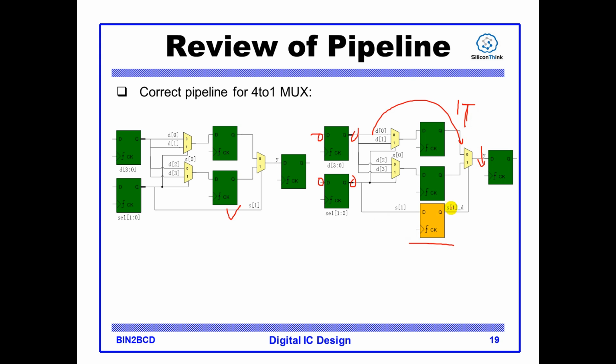So the bit 1 of select also needs to have 1 cycle latency from input to output. But for this circuit, the bit 1 has 0 latency, 0 latency to this point.